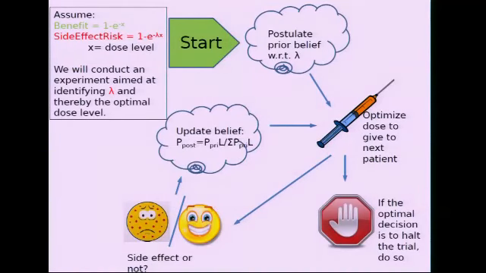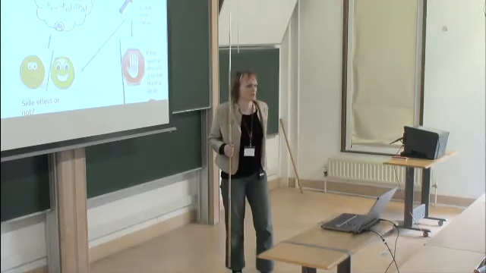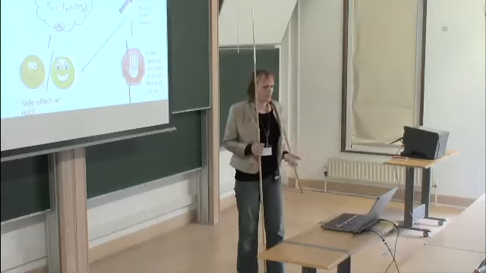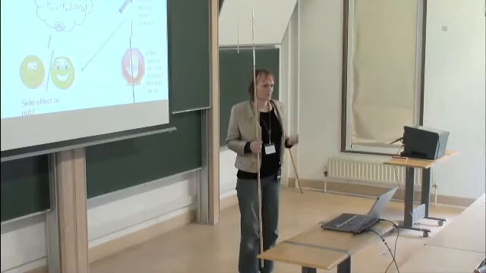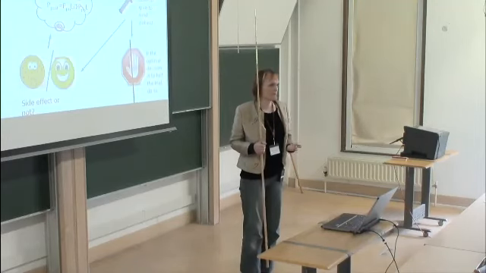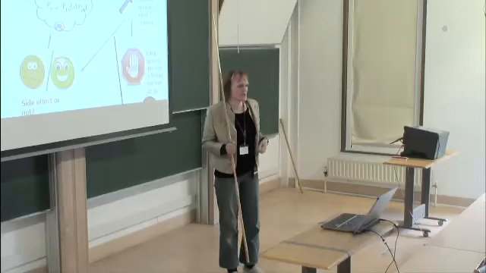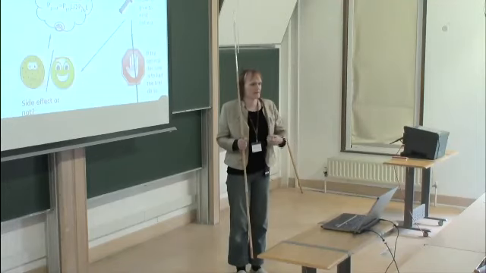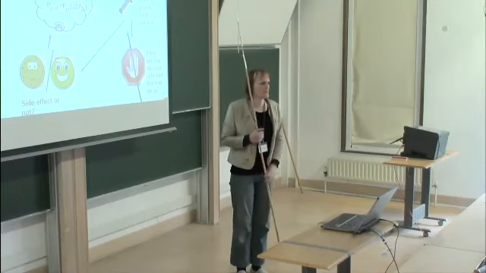So the essence is that it is fixed throughout the trial, not that it is really known in the ontological sense. The side effect risk is modeled with a single unknown parameter lambda. So the purpose of the dose escalation study is to identify lambda and thereby identify the optimal dose level.